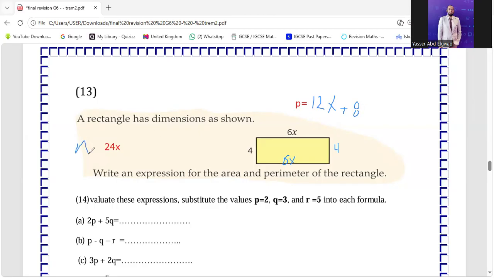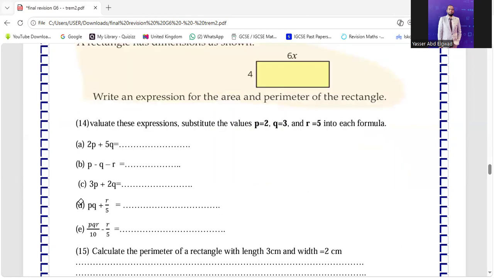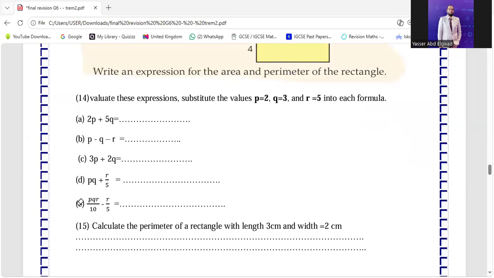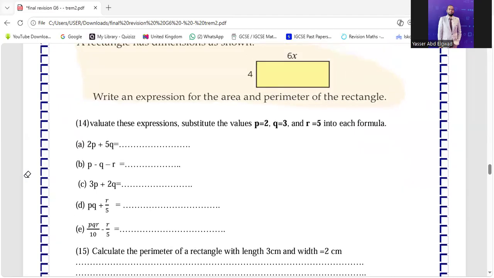The next one, evaluate. You just substitute by the value. You get how to do it. Here is the expression, and I just replace b by the value 2.